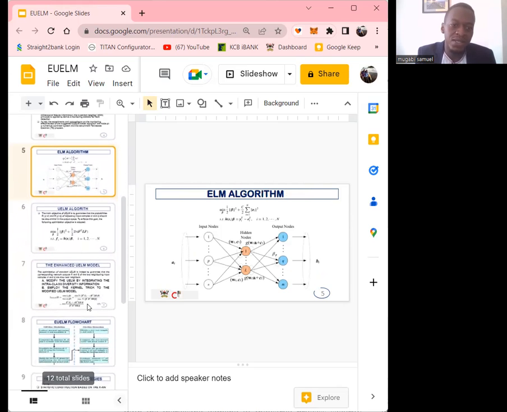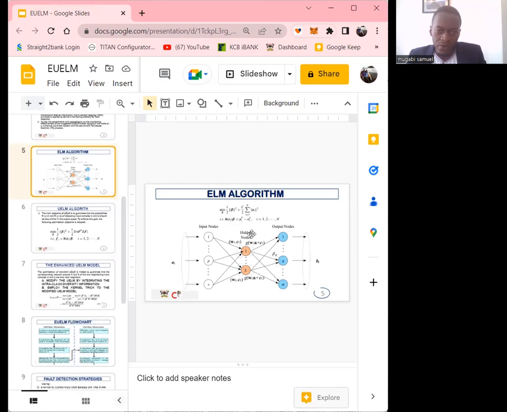Let's first understand what the extreme learning machine algorithm is. If you're interested in the math, that is the formula, but for me, I understood it mainly from this diagram. So you have these inputs. What we are seeing here is the input nodes. And on these inputs, we randomly assign weights and biases. Now, out of these weights and biases, we calculate what we call the hidden layer.